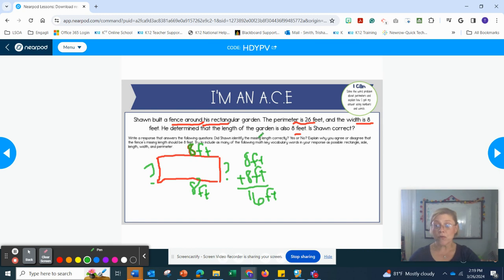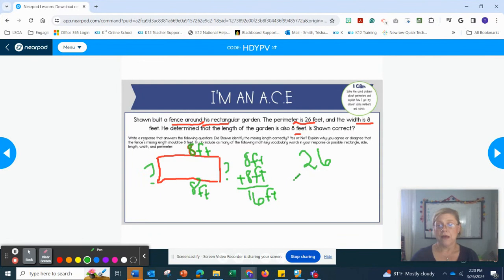So our total perimeter is 26 feet. What I am going to do is take my total perimeter, 26 feet, and subtract my total width, which is 16 feet.